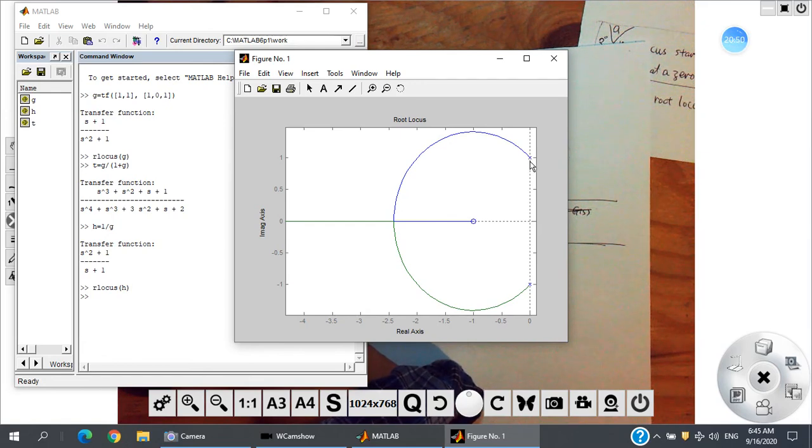If you think the crosses are the start points, the direction looks like this. And if you think the circles are the start points, the direction will be reversed. But the curve looks the same. The direction is different, the curves are the same.